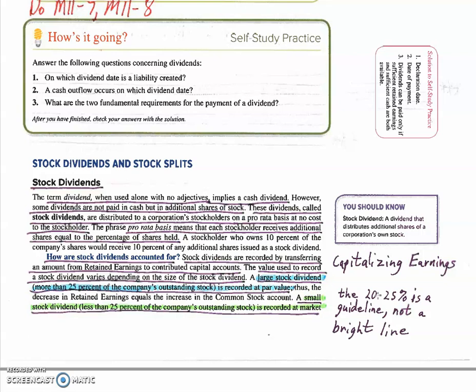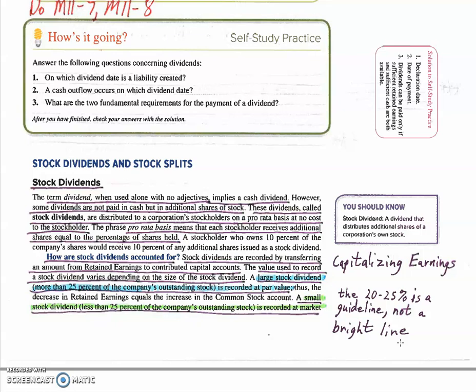Now, in the literature, it describes that 20 to 25% range as a guideline, not what's called a bright line. Now, a bright line means this is a cutoff. If it's on this side of the cutoff, you do this. If it's on that side of the cutoff, you do that, and there's no judgment applied.